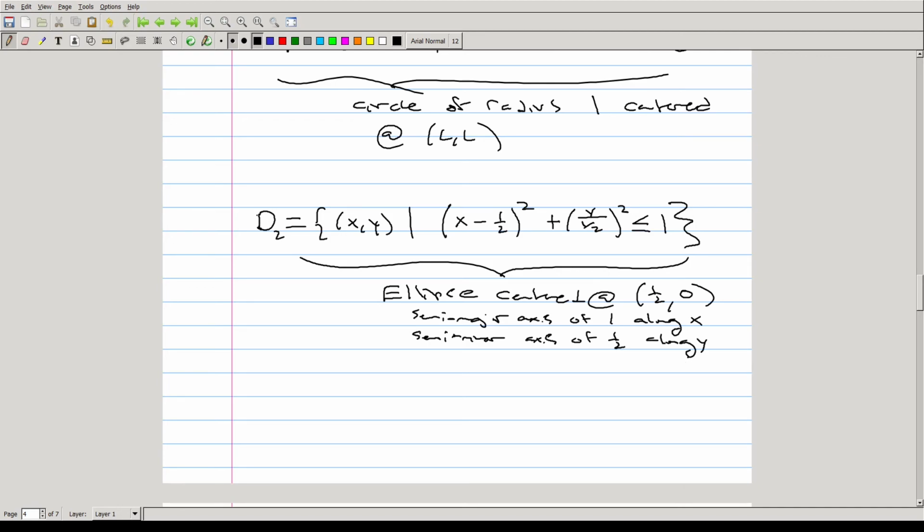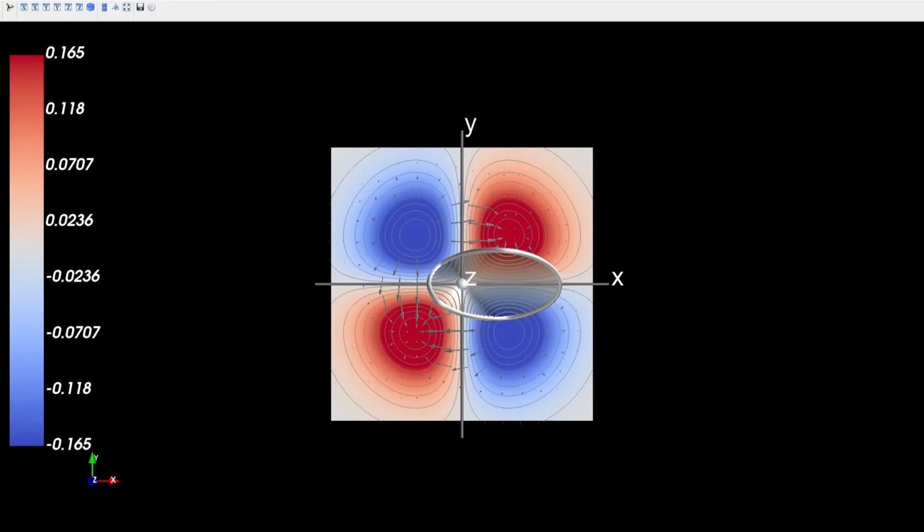So the b of the ellipse is 1/2. If we look at a Python plot of what this is giving us, this directly corresponds to this region right here. And we're going to have much different solutions than the previous optimization problem.